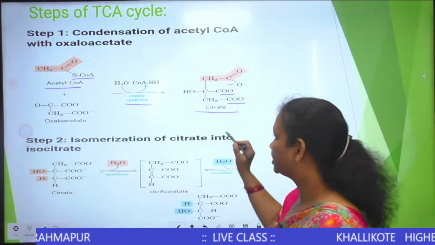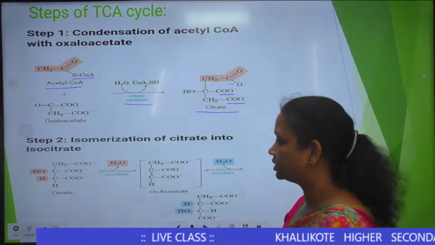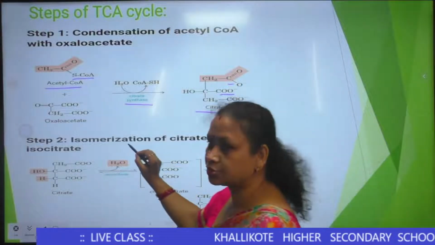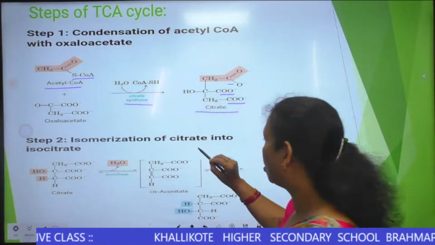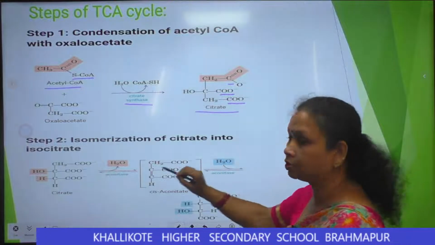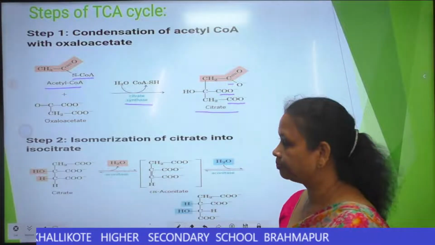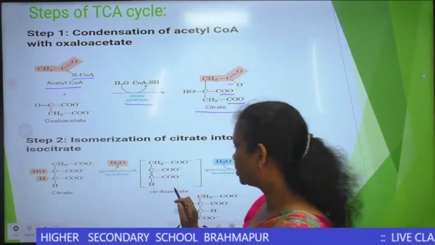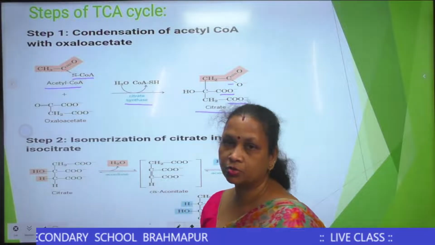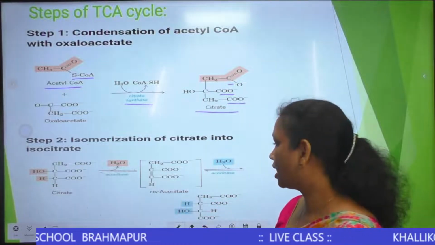So the second reaction for TCA cycle is isomerization reaction of citrate into isocitrate. So here there is also an intermediate compound which is called as cis-aconitase.